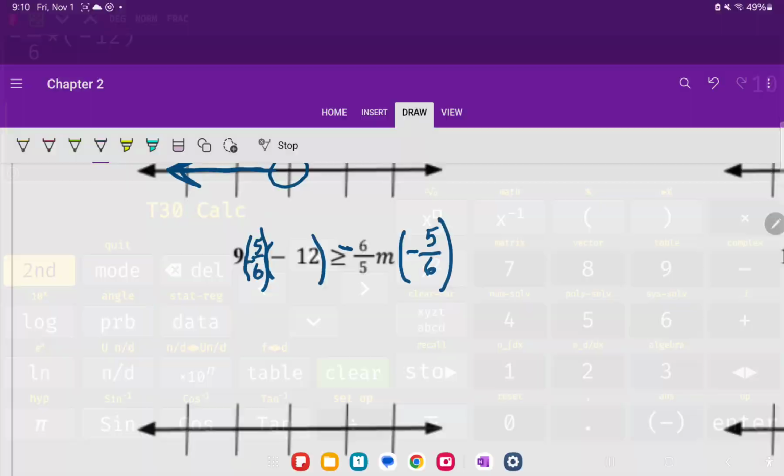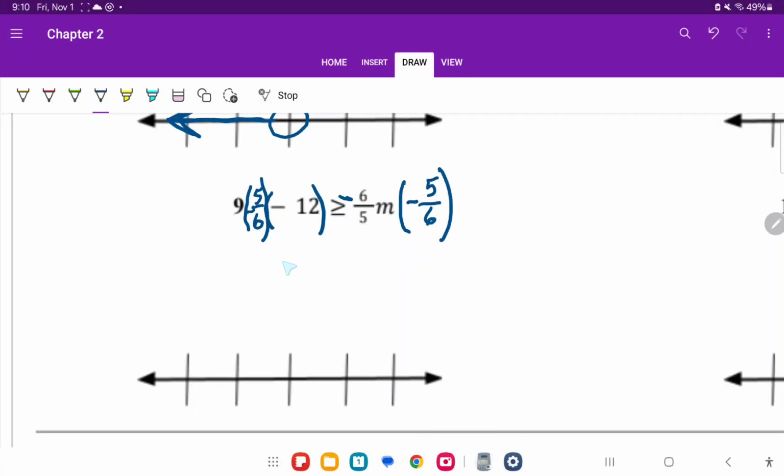That's what I got. All right, so we're going to get 10 here on the left because a negative times a negative gives you a positive. And then because we multiplied by a negative, what do we have to do to this sign here, Jasleen? We have to flip it. So it flips this direction.